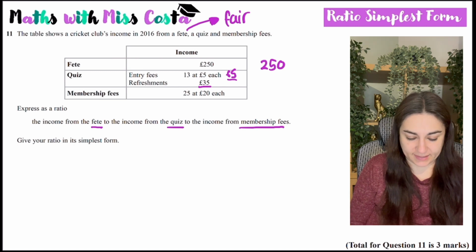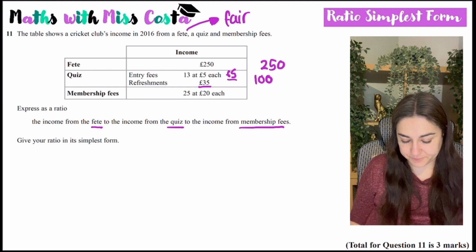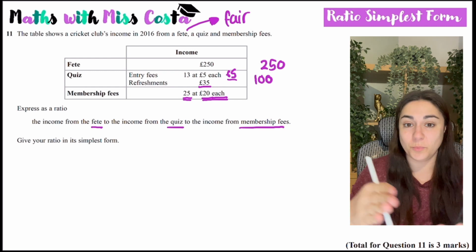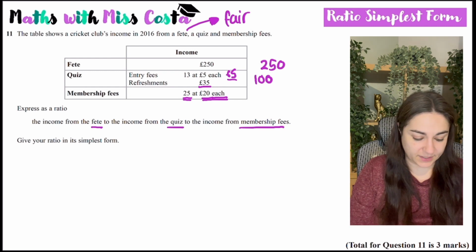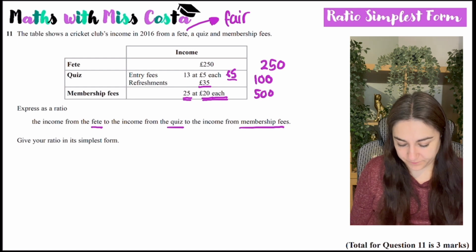So I'd do 65 plus 35, which is 100. So 100 in total from the quiz. And the membership fees, they had 25 members at £20 each. So whenever it says it's something each, that means per person. So you're going to multiply to work out the total. So 25 times by 20 is 500.